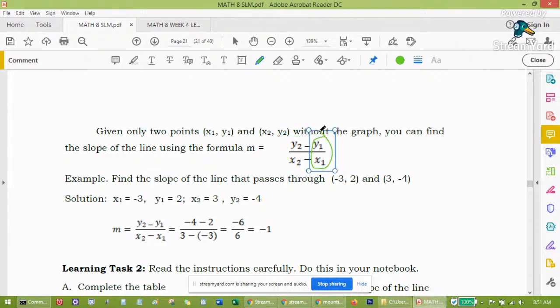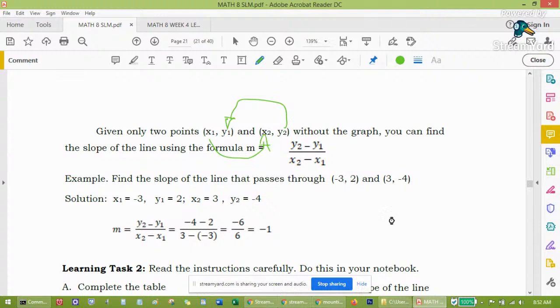Kung y2 minus y1, dapat ay x2 minus x1. Hindi pwedeng x1 minus x2.